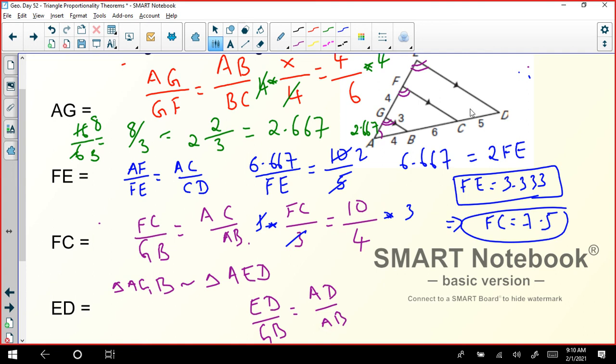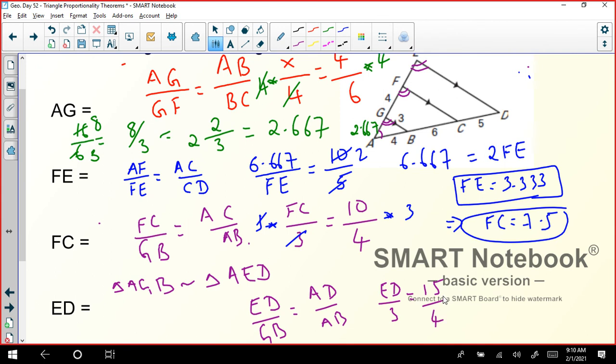I don't have the value of ED, so leave that as it is. GB is 3, so ED over 3 equals, I have the value of AD, which is 4 plus 6, that is 10, 10 plus 5, that is 15, over AB, which is 4.